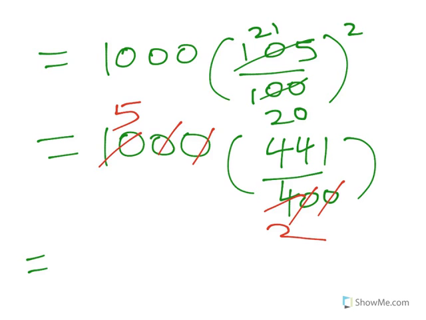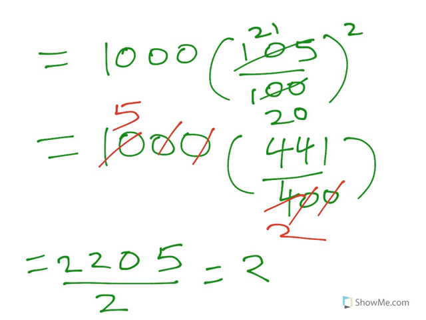That should give me 1 times 5 is 5, 4 times 5 is 20, 4 times 5 is 22. And of course divide the whole thing by 2. I think that's right. And the final answer that you're going to get is, remember the rupee sign, 1102.5.